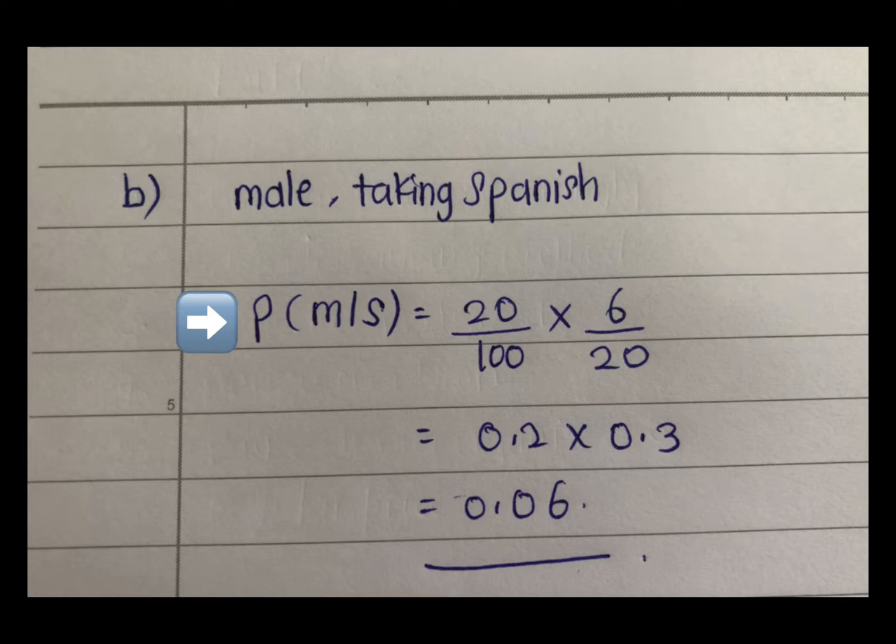We can write 20 per 100 times 6 per 20. From the probability tree diagram, we can get 0.2 times 0.3. When we calculate this probability, we get 0.06 for male taking Spanish.